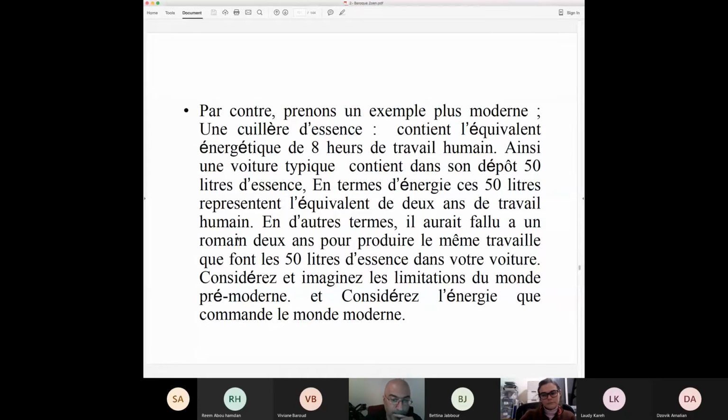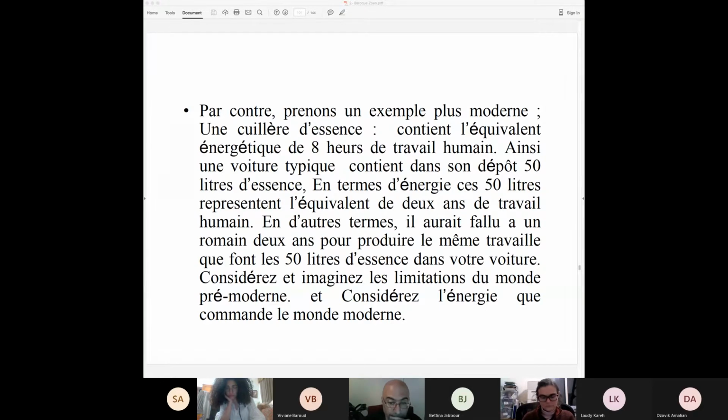So what does this mean? What it means is that for a Roman citizen, it would have taken 2 years of work for him to produce the same amount of work that your car uses when it burns 60 or 50 or 40 liters of gas.